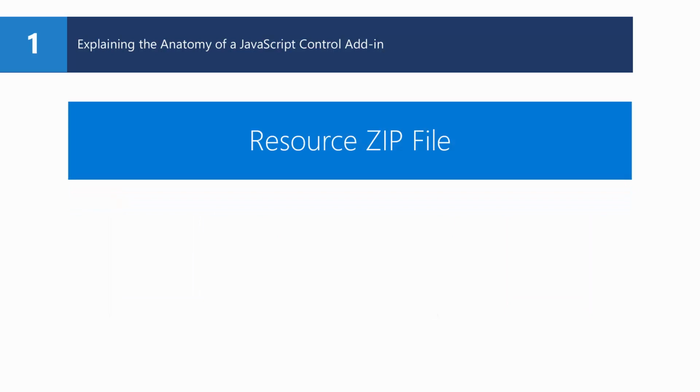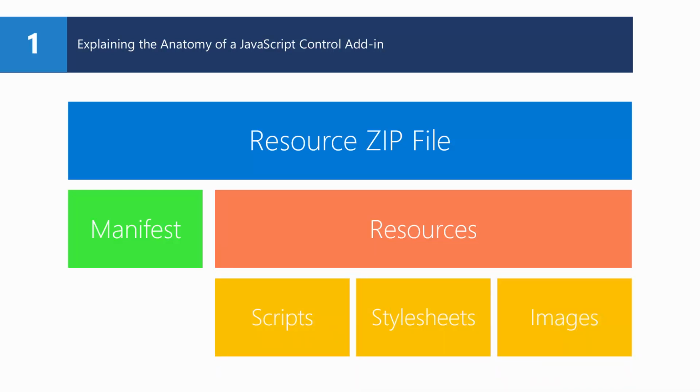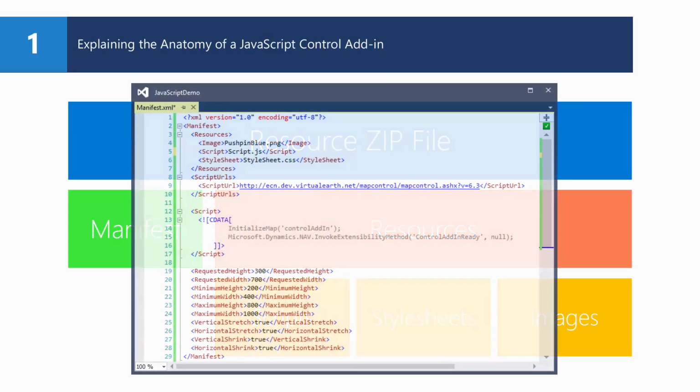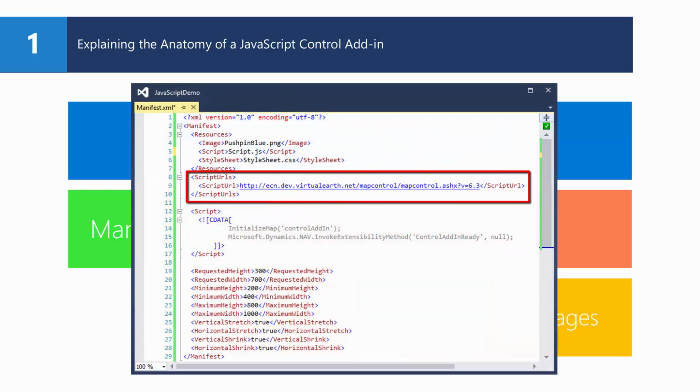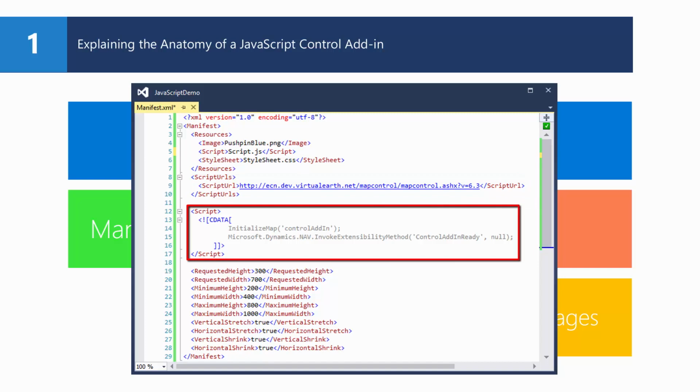Let's take a deeper look at the resource zip file. Every resource zip file must contain a manifest, which is an XML document that declares the content of the JavaScript control add-in. Content can be images, style sheets, and scripts. A manifest can also reference external scripts which are downloaded from the internet instead of being embedded in the manifest. Also, a manifest can declare an inline script that executes once the whole page is loaded.